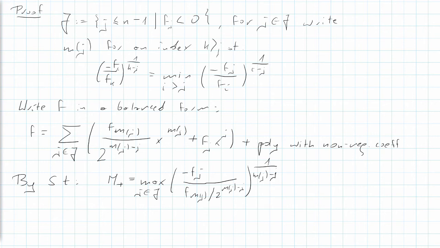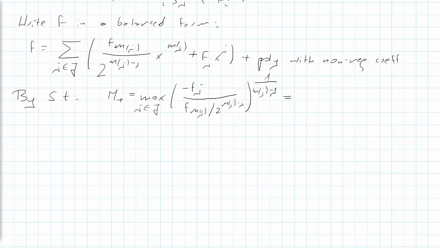But if we look here and here, we see that this expression in the exponent cancels, and we have the maximum for j in J of 2 times minus fj over fm of j, and the exponent is 1 over mj minus j.